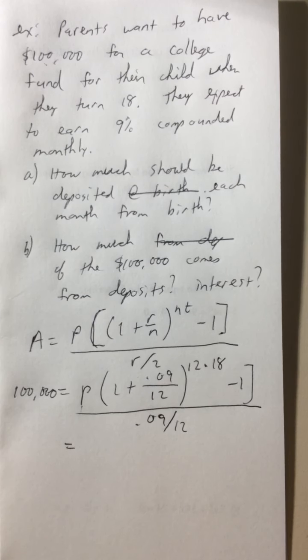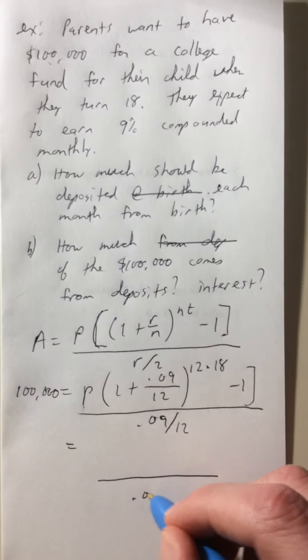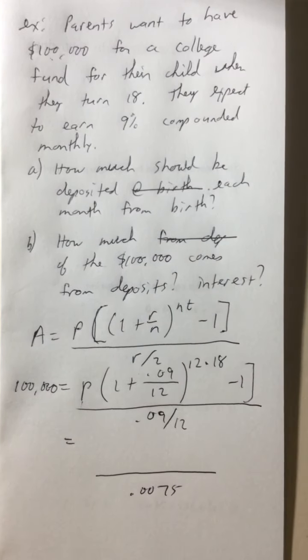So 0.09 divided by 12 equals, plus 1 equals, so that's 1.0075. So we know we're going to be dividing by 0.0075, which is definitely a little nicer than the other number that we had to work with. We're going to raise that to the 12 times 18 power, which is 5.022 blah blah blah, minus 1 is 4.02264.